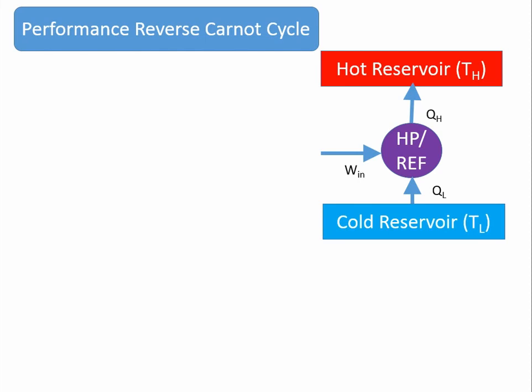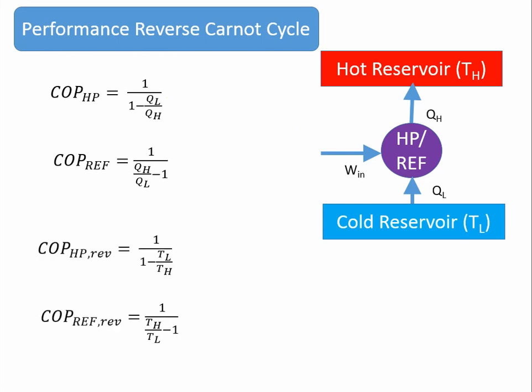Therefore, we will get new equations for the coefficient of performance under reversible operation. This is the coefficient of performance of a heat pump under normal operation, and this is the same for a refrigerator under normal operation. And if it is operating in a reversible manner, that is a reverse Carnot cycle, then the heat transfer ratio can be replaced by the temperature ratio.